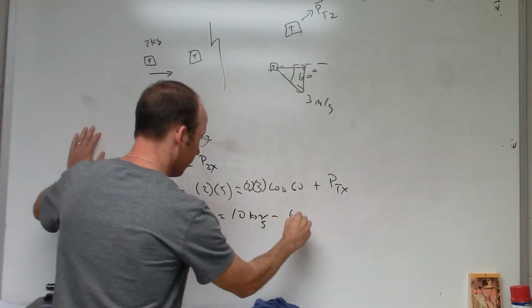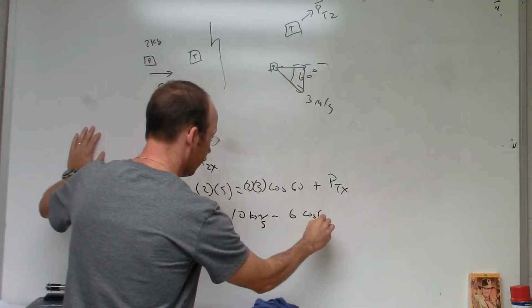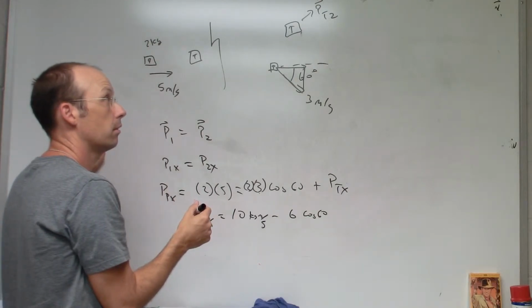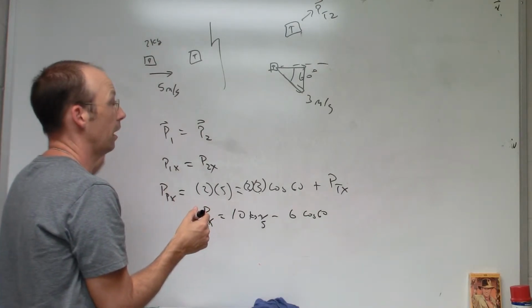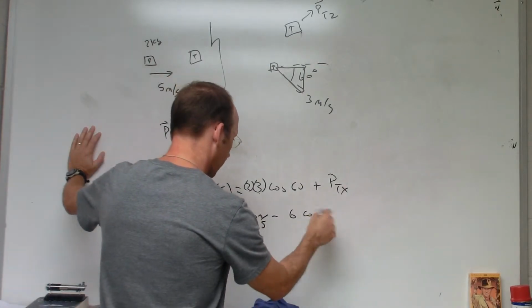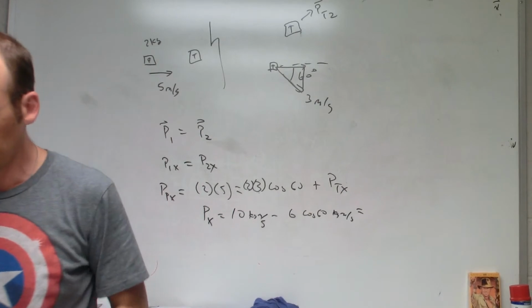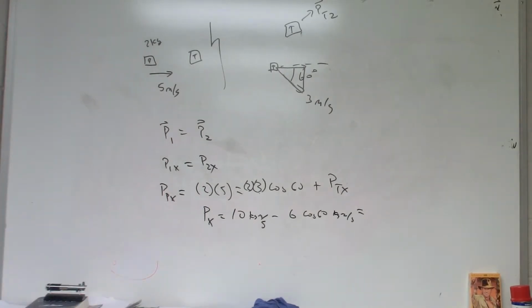minus 6 cosine 60, which is going to be, cosine 60, no, it's not half. And that's in kilogram meters per second. Let me just put this in my calculator, because if I make a mistake and it's on a video, you'll make fun of me later, and I don't like to be made fun of. So 10 minus... that's 7.